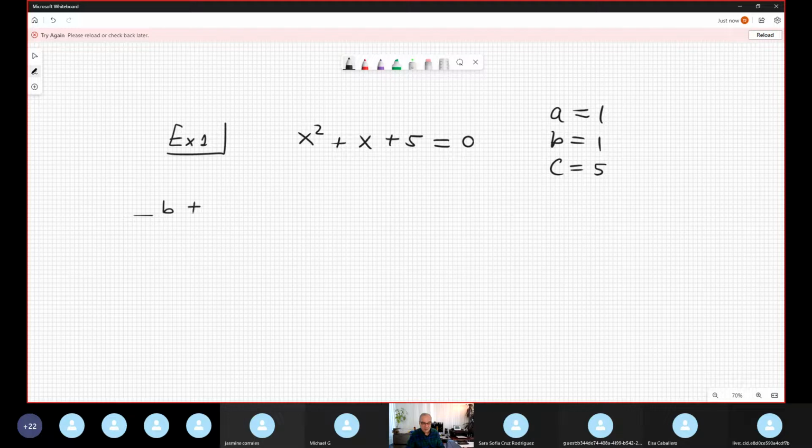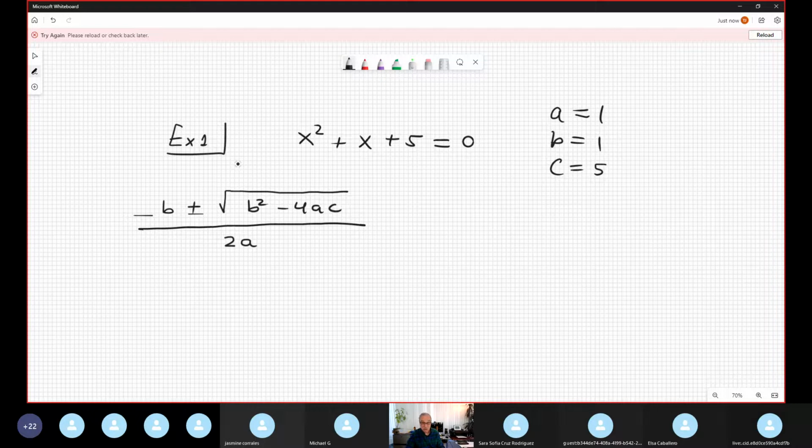Look at the formula. Guys, this is extremely important. We are doing this today, and the last day in December we continue doing the quadratic formula.